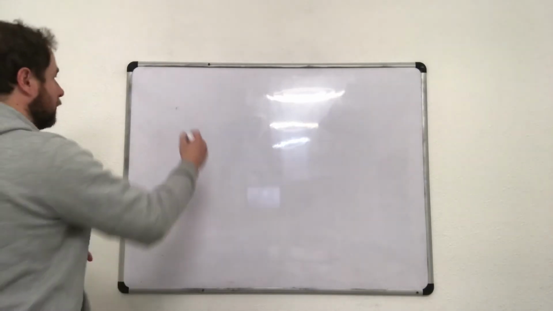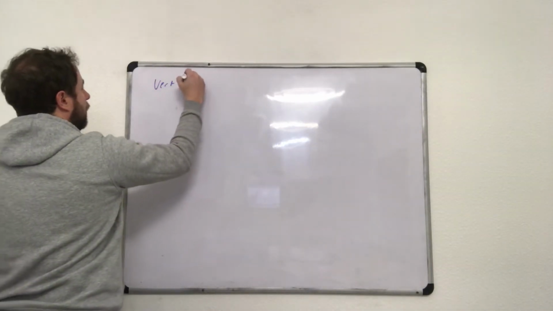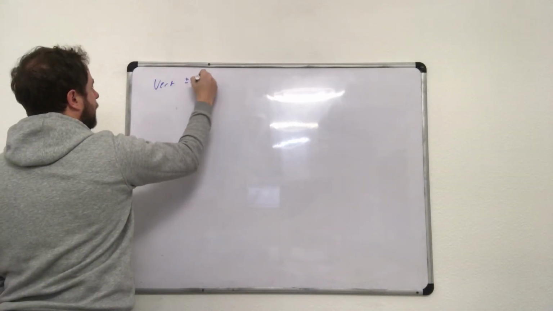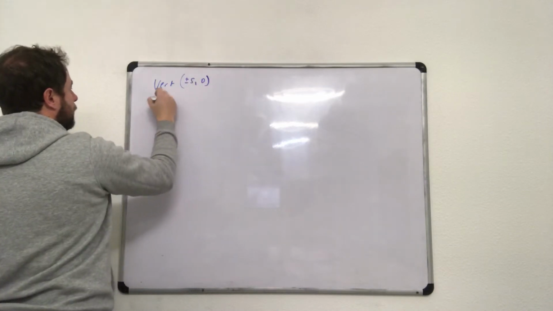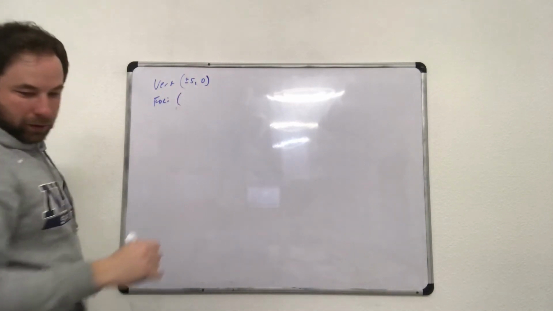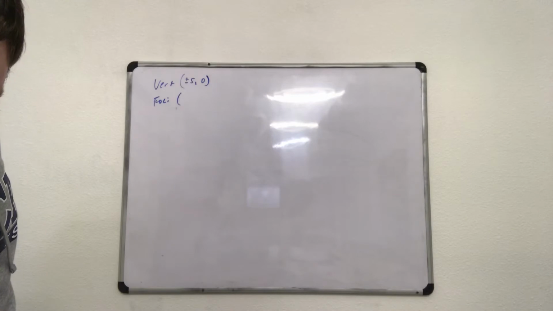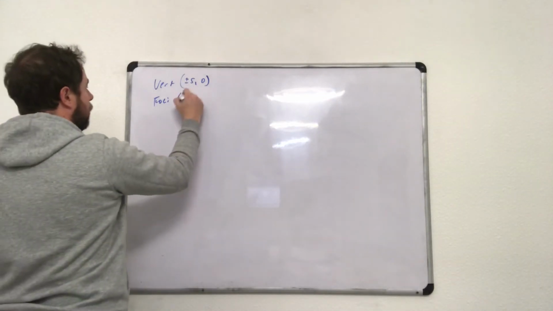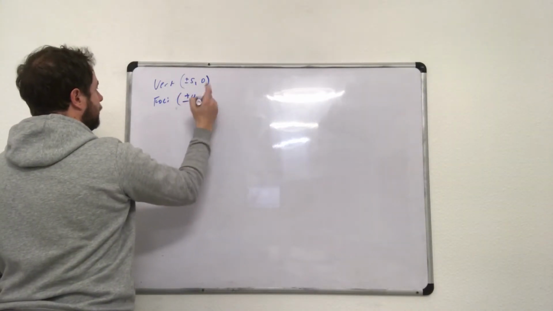In lesson 89, it's ellipse part 2, and they're going to give you some stuff, and you have to write the equation of it. It says write the standard form of the equation of the ellipse, whose vertices are positive or negative 5, comma 0, and the foci are positive or negative 4, comma 0.